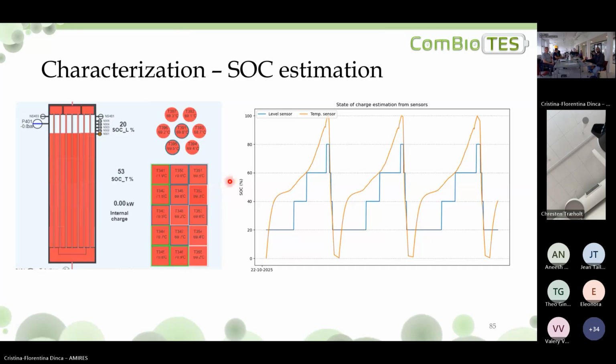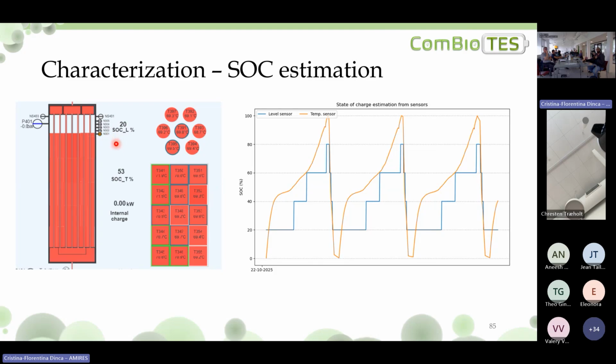So we are able to characterize or estimate the state of charge using two different sources. One is the 15 temperature sensors that are located in the 3 parts, which allows us to estimate the state of charge based on temperature, while the other source are the 5 liquid level sensors that give us an estimate about the height of the liquid level.